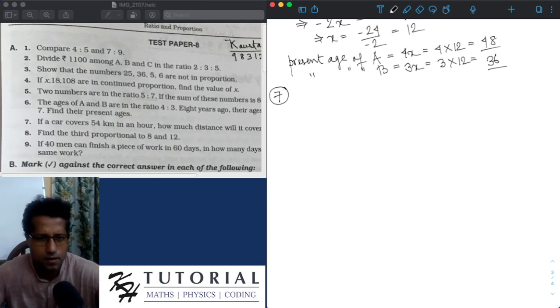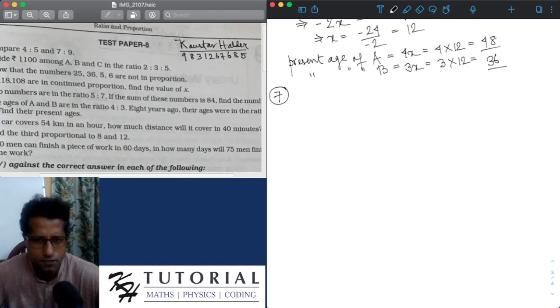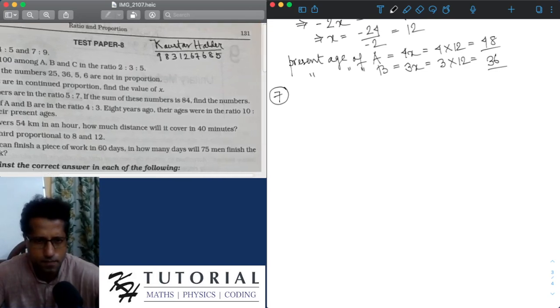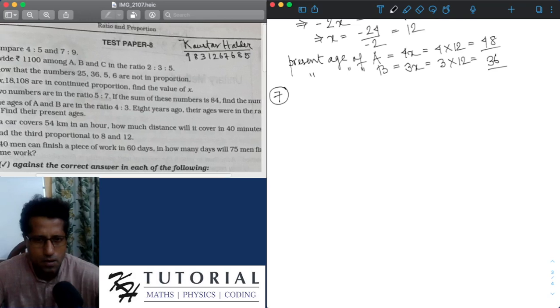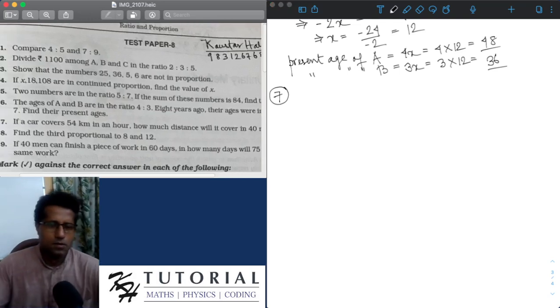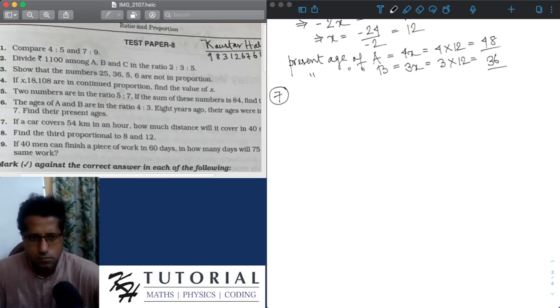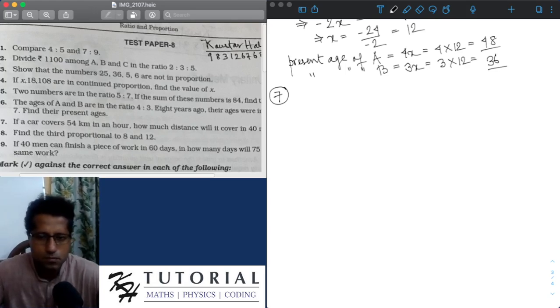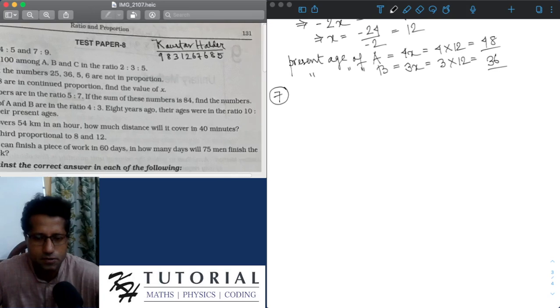It says if a car covers 54 km in an hour, how much distance will it cover in 40 minutes?